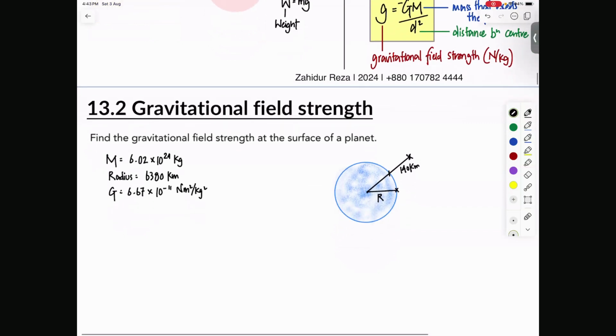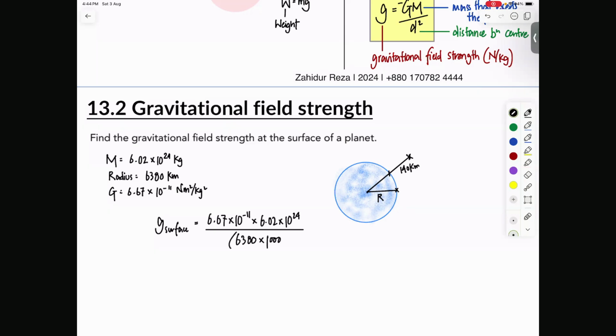9.86. আচ্ছা দেখি. So g surface is equal to 6.67 into 10 to the power minus 11 into mass of this planet 6.02 into 10 to the power 24 divided by the radius of the planet 6380 into 1000, because kilometer to meter, squared.